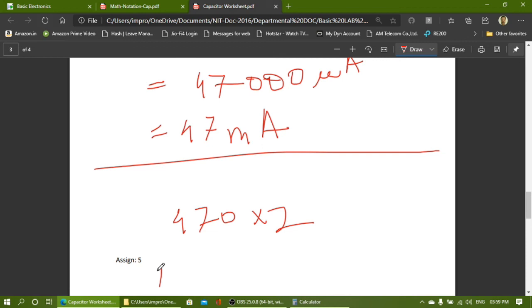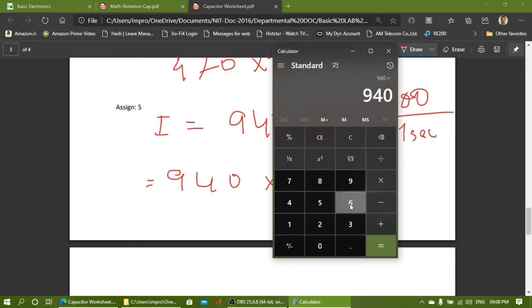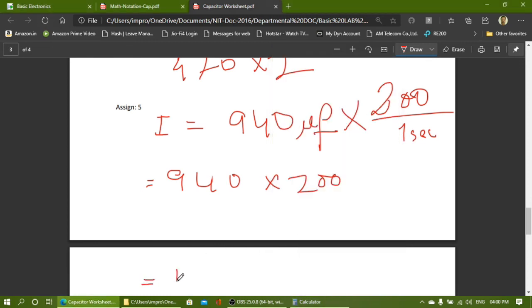940 into 200. Make the calculation. You will get 188,000 microampere. 188,000 microamps.